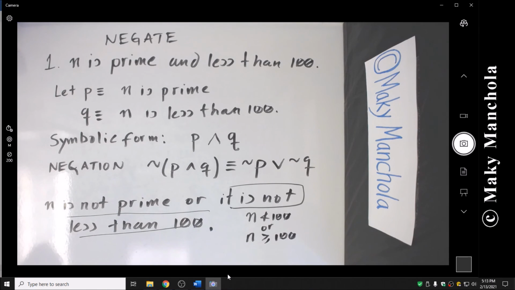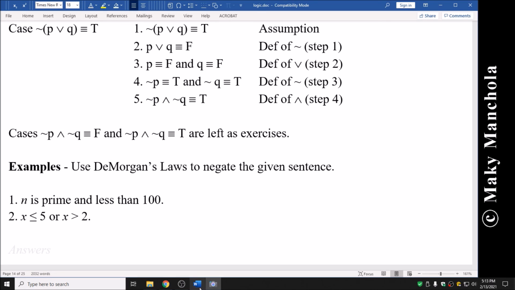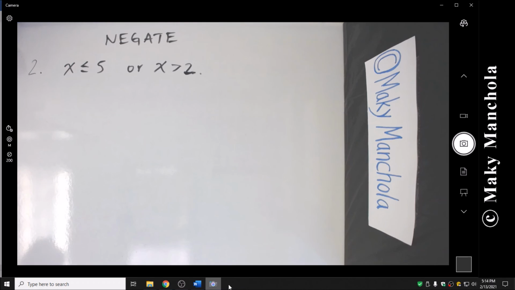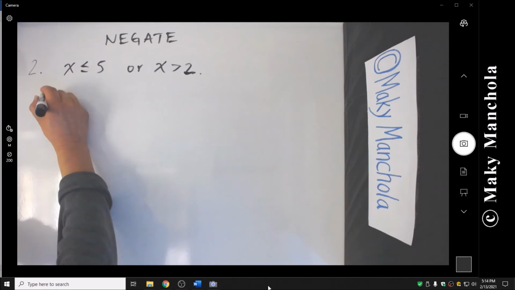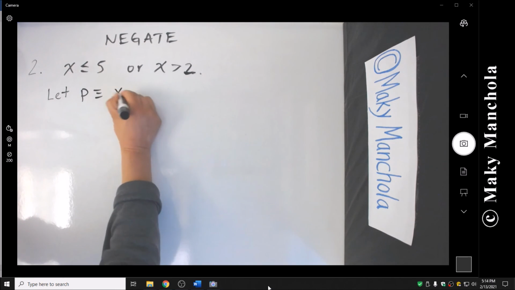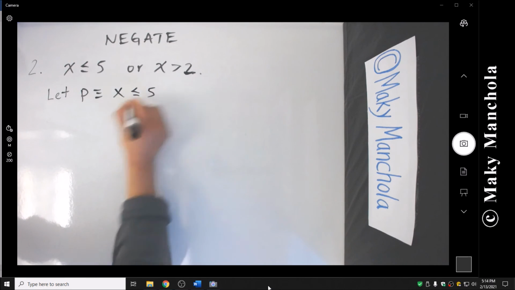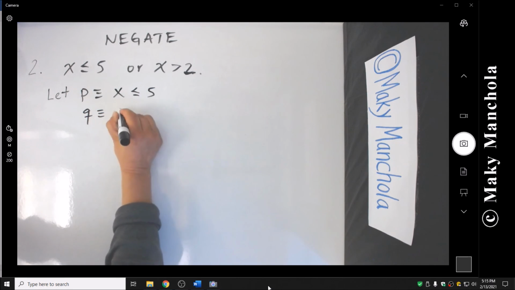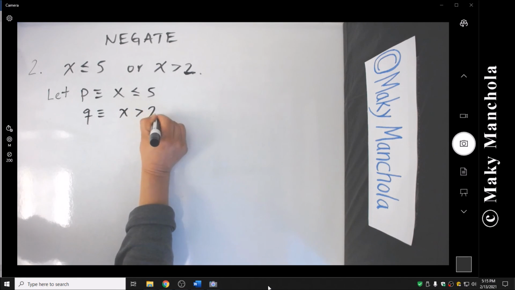Our second example is as follows: number 2, x is less than or equal to 5, or x is greater than 2. We want to negate that. Okay, so let P be logically equivalent to x is less than or equal to 5, Q, x is greater than 2.